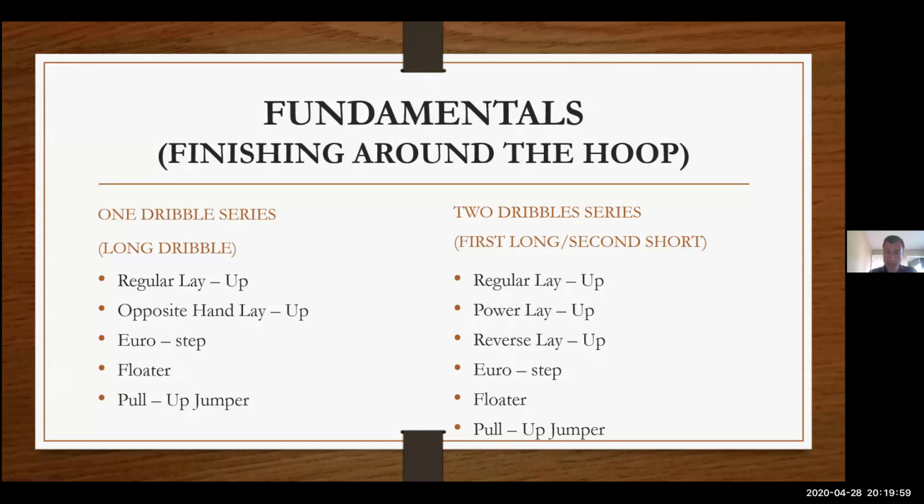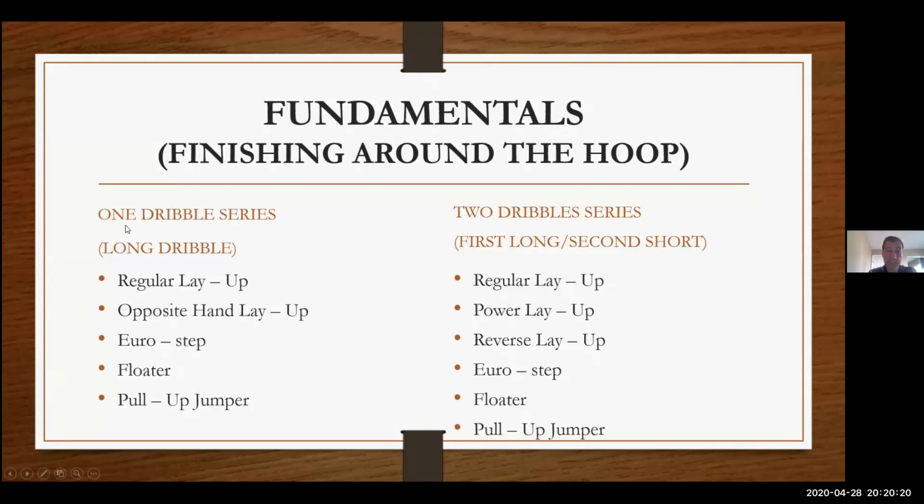Wherever they are comfortable, we start from there and keep building from that point. In the 2-dribble series, we have the same: regular layup, power layup, reverse layup, Euro step, floater, and pull-up jumper.